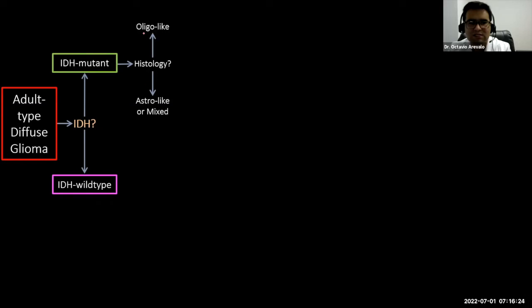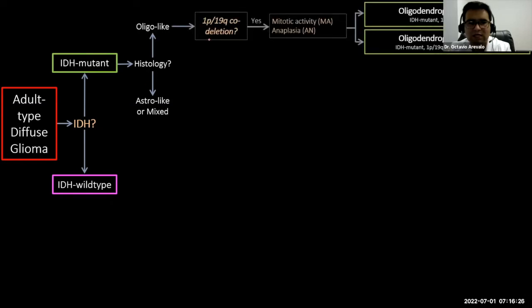So if you have the histology for oligo, then you have to test for the 1p19q co-deletion. If you have the 1p19q co-deletion, it means that you have these two molecular abnormalities already, the IDH mutation and the 1p19q co-deletion.